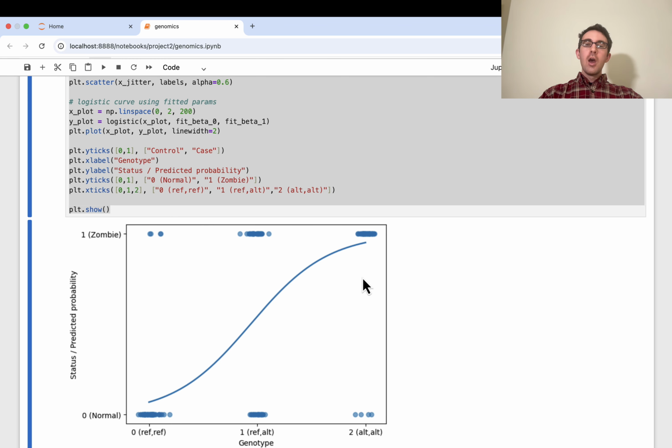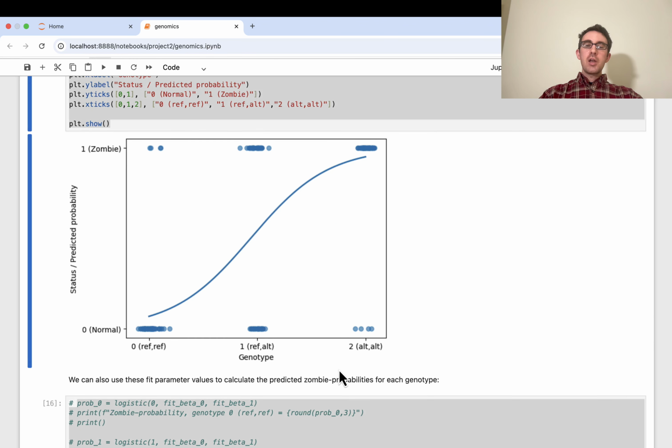If we get a new sample where we know the person was bit by a zombie, but all we have is their genotype for only this SNP, we don't know if they actually turned into a zombie after being bit or not.